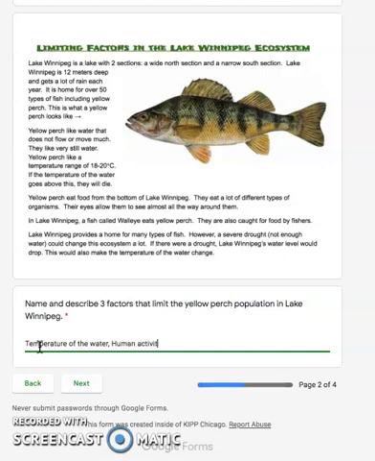So depending on if they're being caught for food or not by the fishers. And then another one is the amount of food available, right? So if there's not a lot of food available in Lake Winnipeg for the yellow perch, then that would also cause the yellow perch to slowly die.